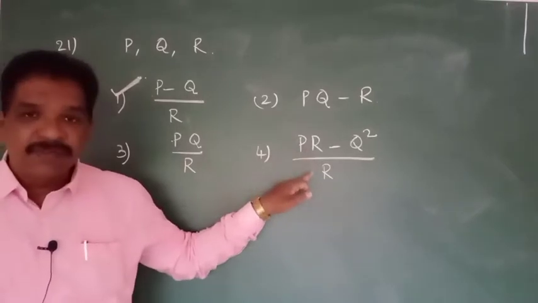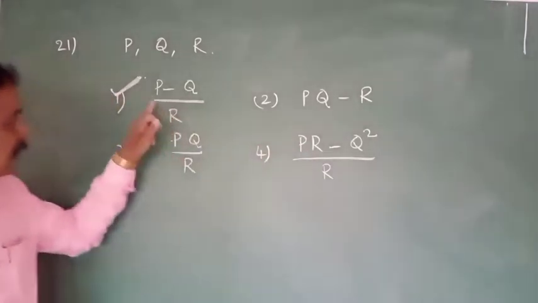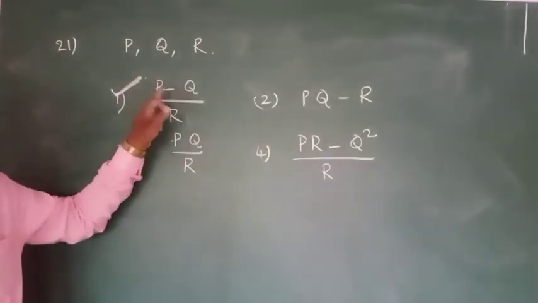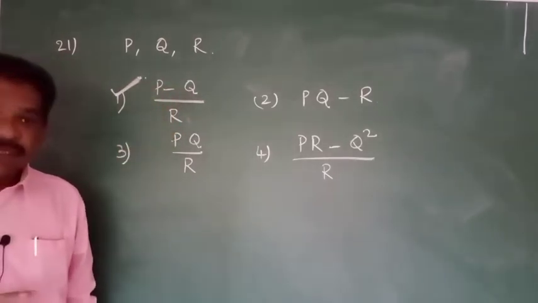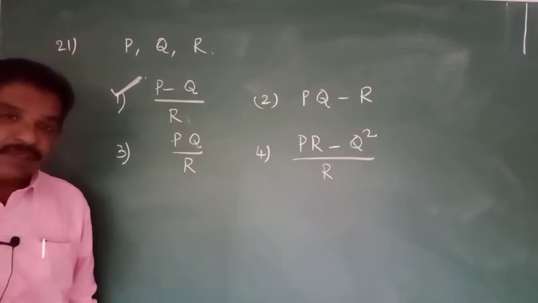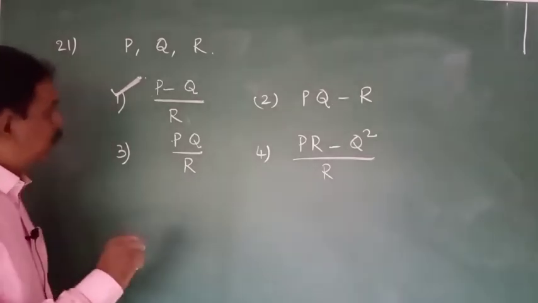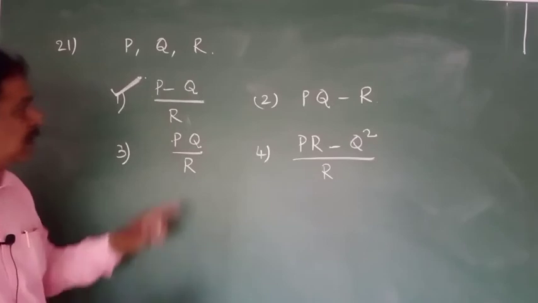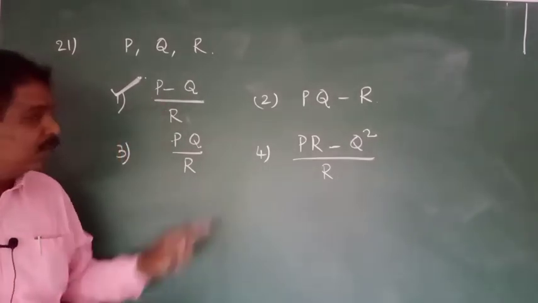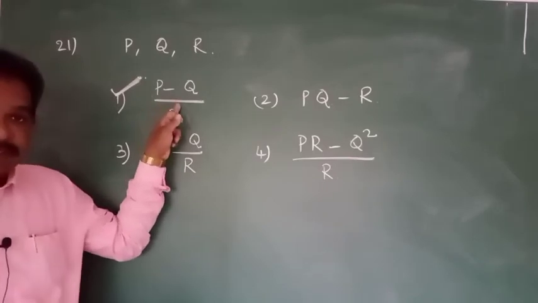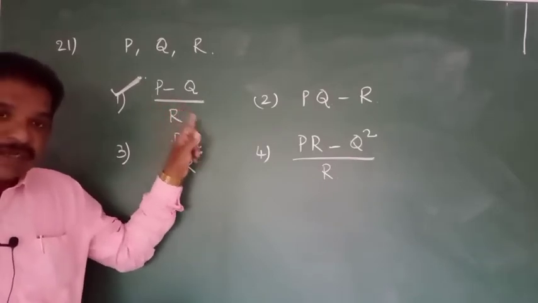So this is also meaningful. But for the first one, we cannot, they mentioned these two are different physical quantities. We cannot add, we cannot subtract two different physical quantities. So identify the wrong statement they gave. So this will be the wrong statement. This is the answer for that.